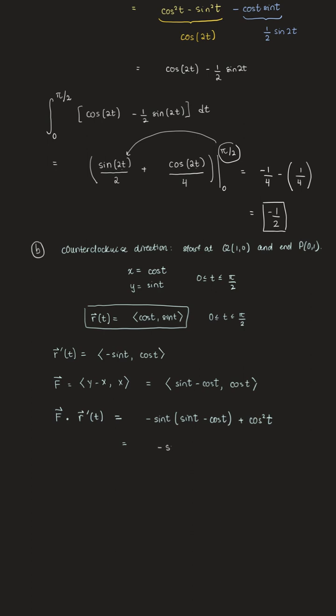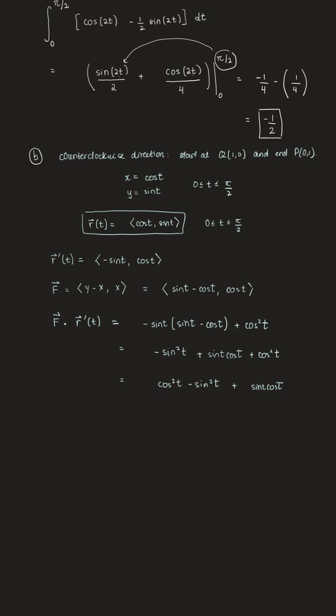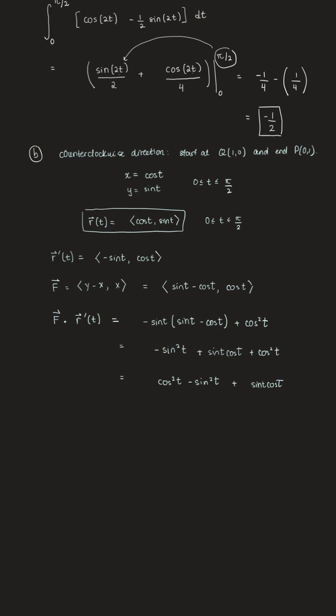We have a negative sine squared t plus sine t cosine t plus cosine squared t. I'm going to rearrange a little so we can use some identities. So we have cosine squared t minus sine squared t. That's one identity. Plus sine t cosine t, and we'll be able to use a second identity for this. It's going to make our calculations a lot easier.